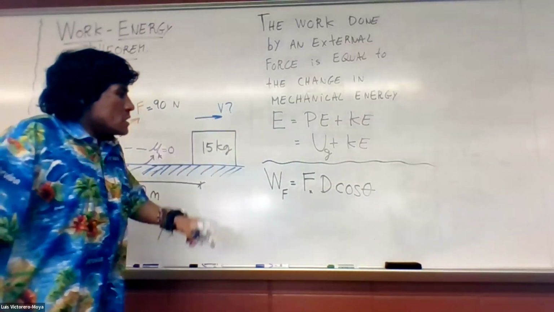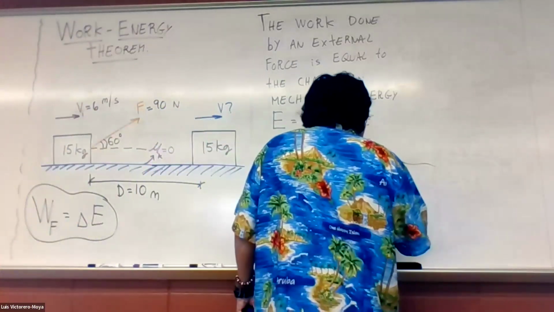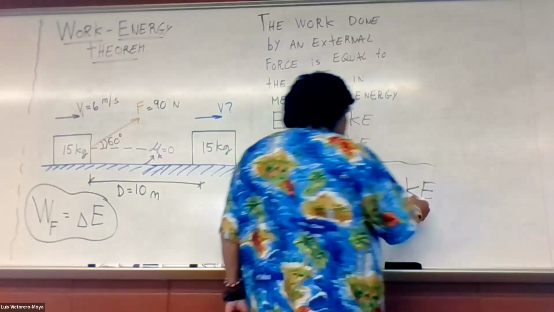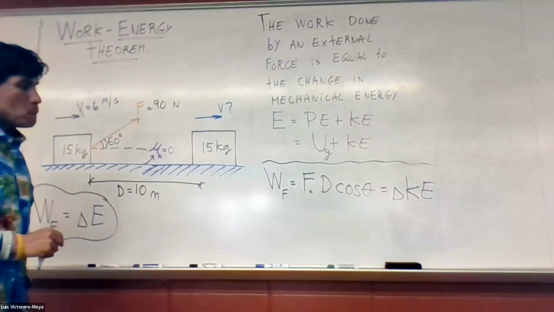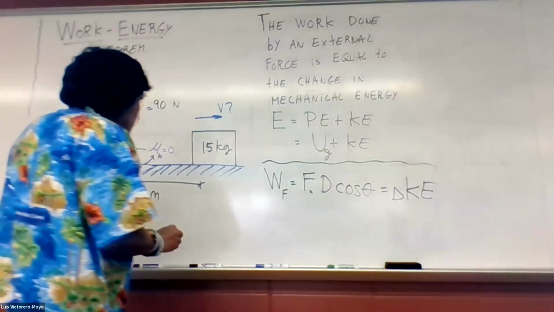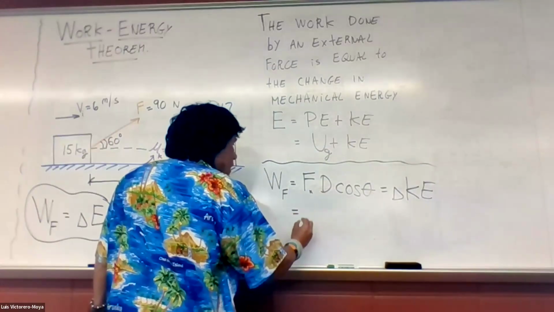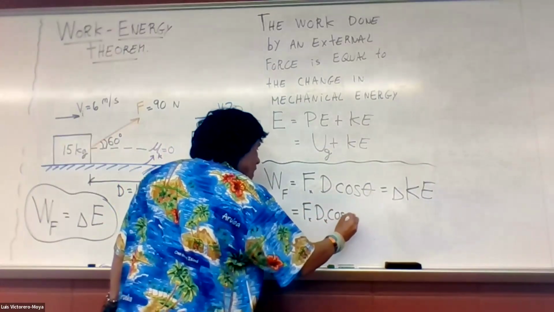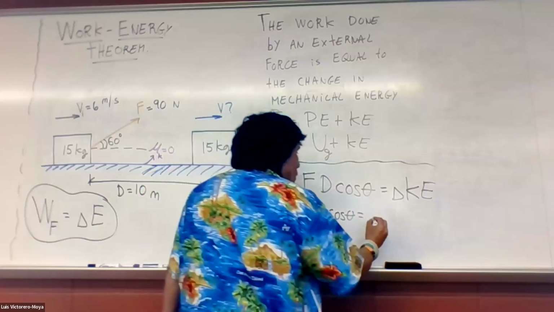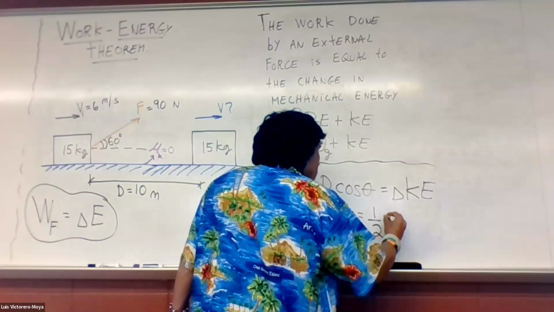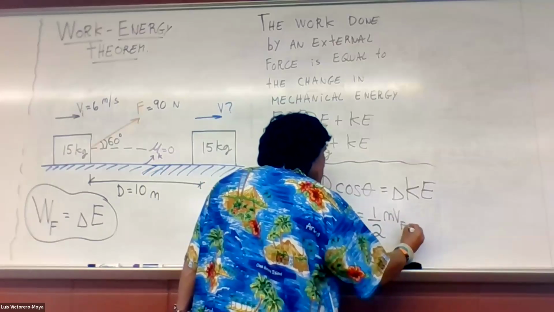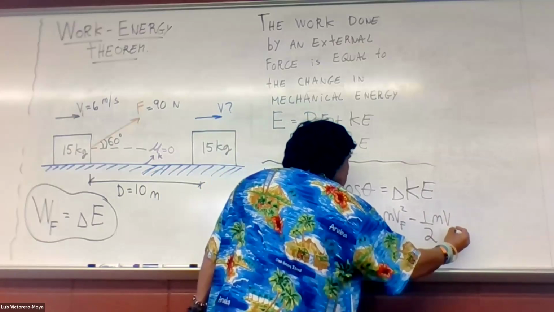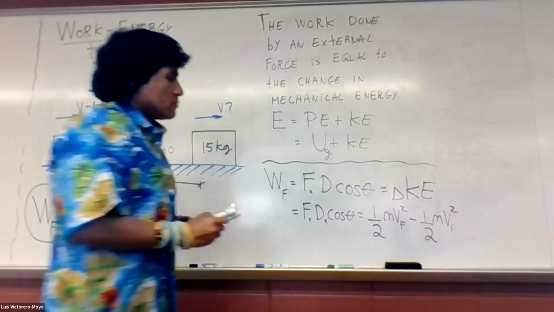And then it's v. So this work is change in kinetic energy only. And I can write this like this: F d cosine theta is 1/2 m v final squared minus 1/2 m v initial squared.